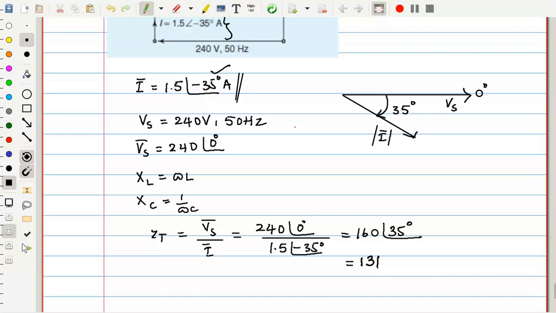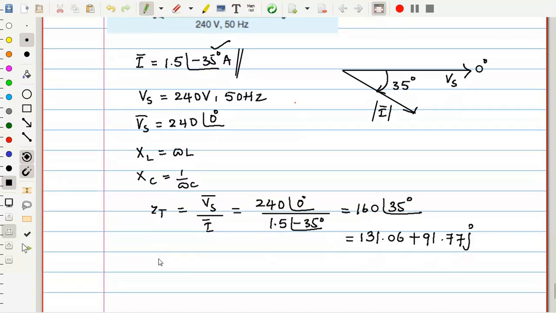Somebody has posted in the group how to use the calculator to convert polar form to rectangular form. You can use those tricks also. You will get the rectangular form as 131.06 plus j91.77 is the impedance.